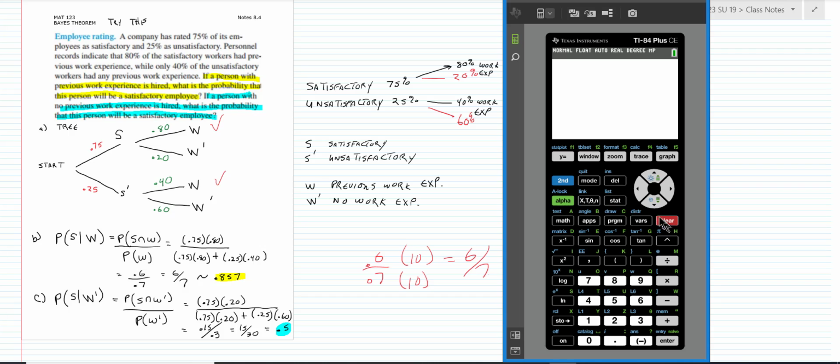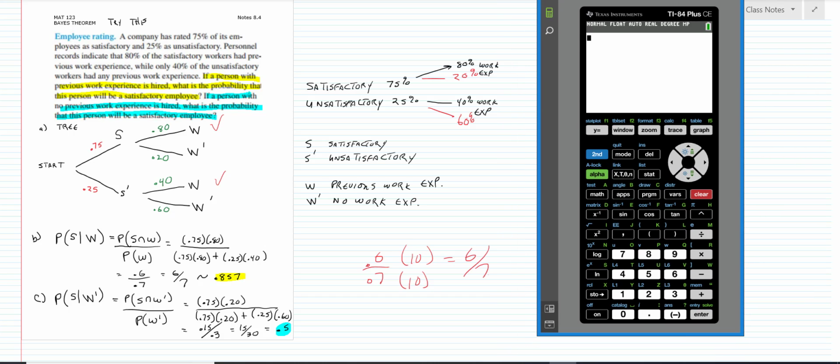So you can check your calculations when you do that. Again, I just do the numerator and denominator separately. So the numerator, 0.75 times 0.80 gives you the 0.6.